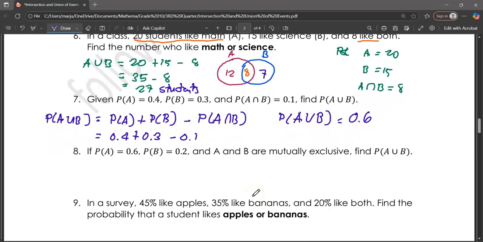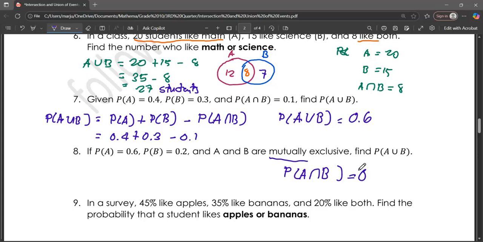Number 8. If the probability of A equals 0.6, probability of B is 0.2, and A and B are mutually exclusive, find A union B. So again, when you say mutually exclusive, they don't share anything. So pag mutually exclusive again, probability of A intersection B is 0.